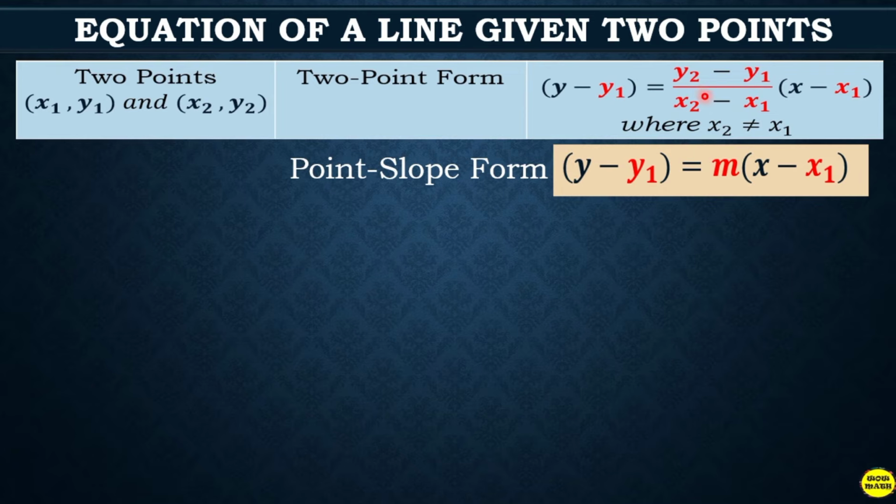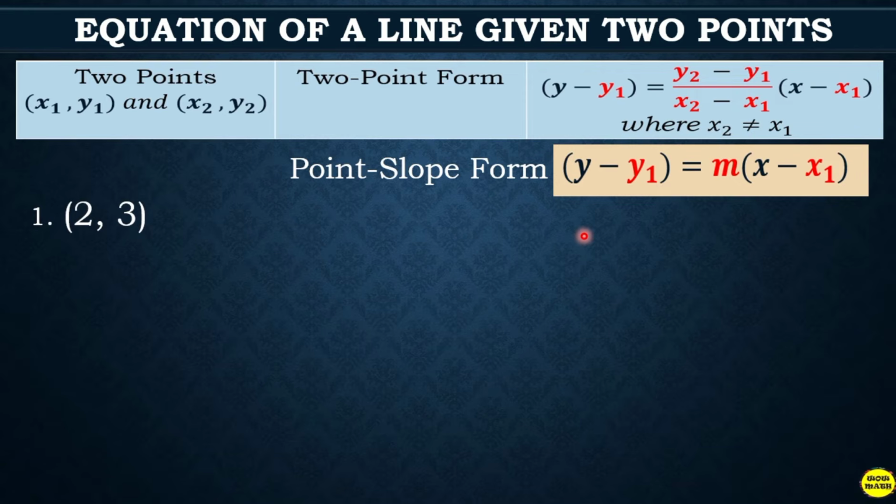But here, since hindi given ang slope, isosolve muna natin siya. And then, pag nakuha mo na si slope, you're going back here. Parang bumabalik ka lang din dito. Kaya kung napanood nyo yung previous tutorial natin about point-slope form, kung na-practice nyo yung pagsosolve doon, actually, ito lang din siya. Okay? Yun nga lang, hahanapin muna natin si slope bago tayo bumabalik dito. Okay. So, let us start.